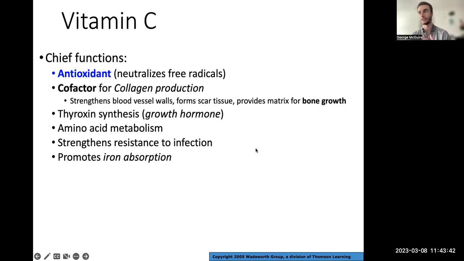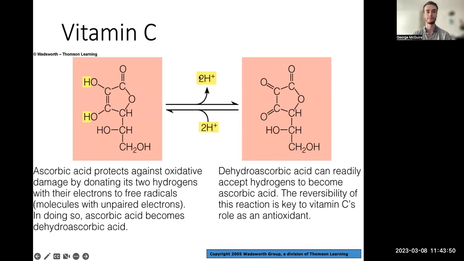So if you're eating a diet that is high in iron, but not high in vitamin C, you may not be absorbing that iron. Vitamin C is an important part of promoting that iron absorption. And so we can see an example here of why these act great as antioxidants. They have these two available hydrogens being carried with them.